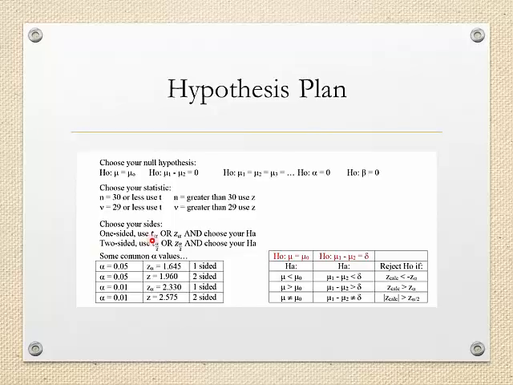If it's one-sided, it's going to help us determine the critical value, because it's going to be different depending upon whether we have Z alpha or Z alpha over 2. And the alternative hypothesis is going to help us decide what our conditions for rejecting the null hypothesis are.